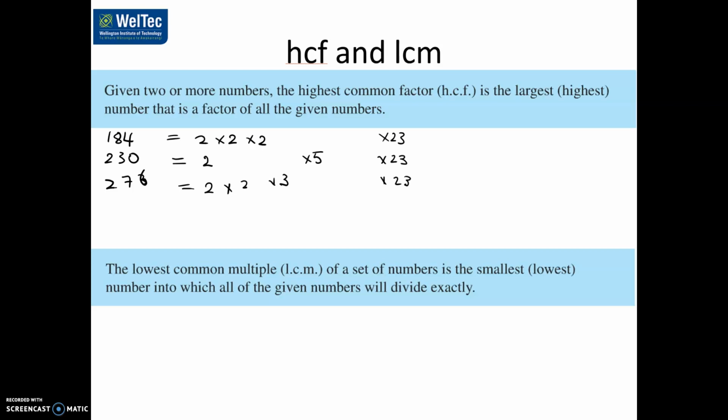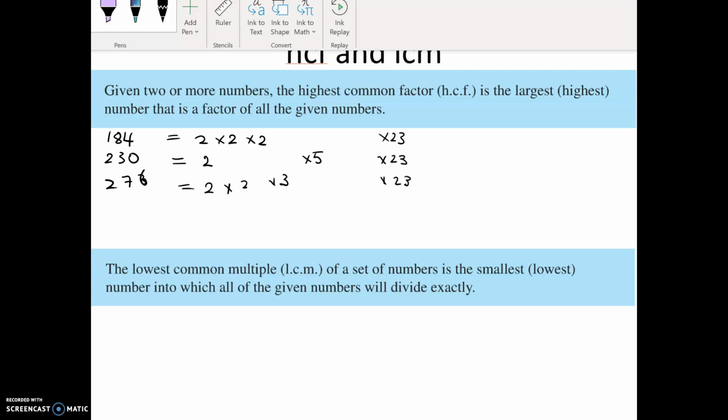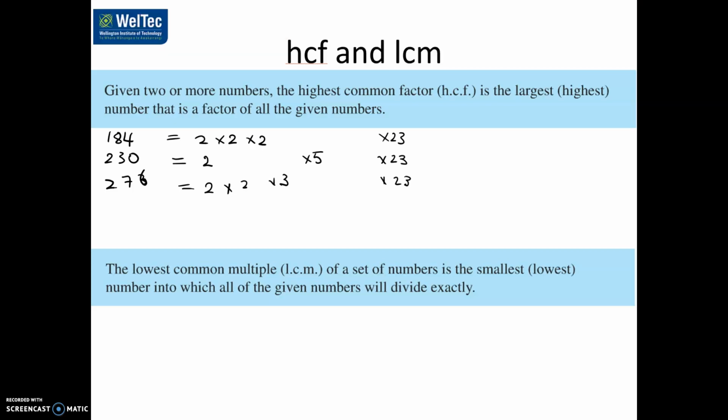Now, the highest common factor, well, let's see the common factors. So the common factors, 2 is common to all of them. 5 not, 3 is not. 23 is. So the biggest common factor is going to be 2 times 23, which is equal to 46.